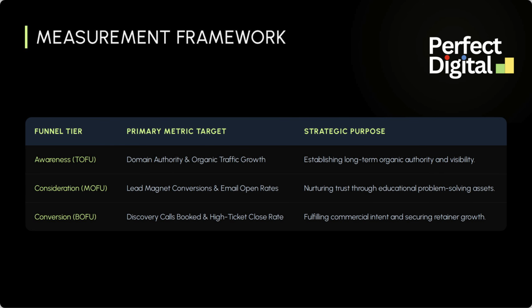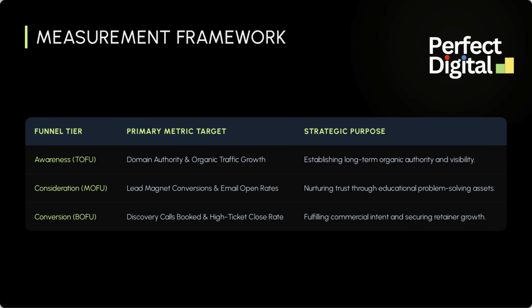Let's look at how these tiers align within our core measurement framework matrix. So we have our table here.